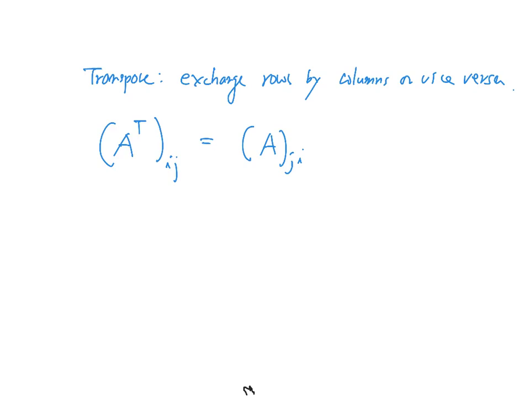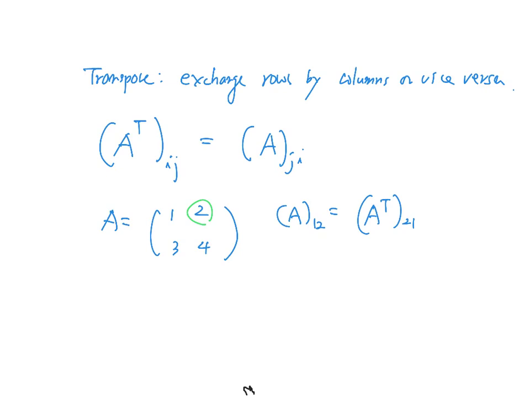For example, if A is 1, 2, 3, 4, consider the A 1, 2 component. Which one is 1, 2? 1, 2 is this, right? It becomes A transpose 2, 1.